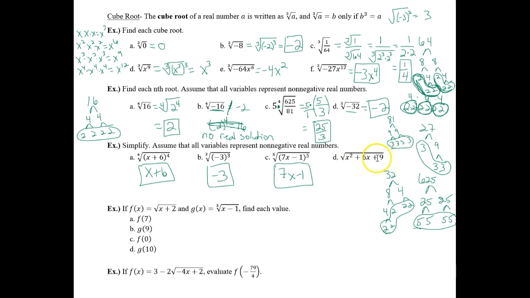It is not linear because of that x squared. So I need to factor this. I need to know what times itself would give me this entire quantity, not just pieces of it. What times itself would give me x squared plus 6x plus 9? So we factor.